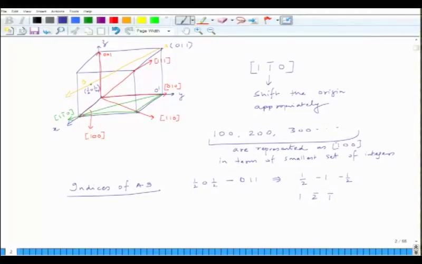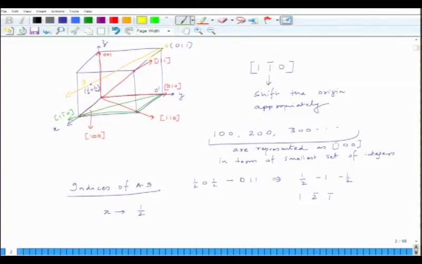Another way to determine it is to just move along the x, y, z directions. I can see that I need to go half of x, so I have moved an x intercept of half.